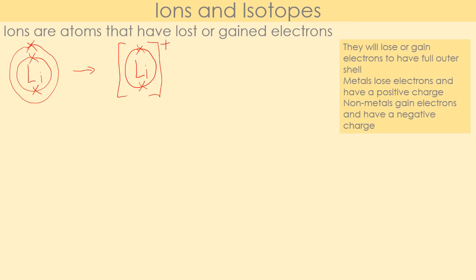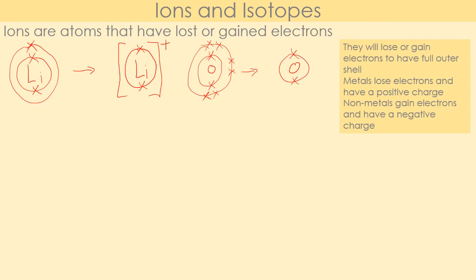We're now going to have a look at oxygen. Oxygen is in group 6, so it will have 6 electrons in its outer shell. To become an ion, it's going to gain 2 electrons because it is a non-metal. We'll draw it again.